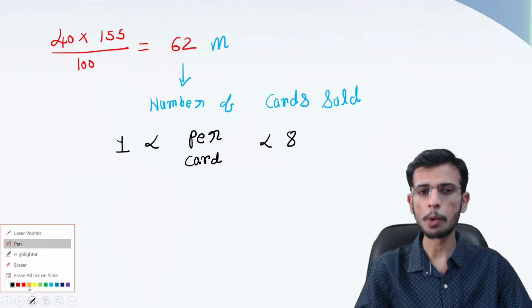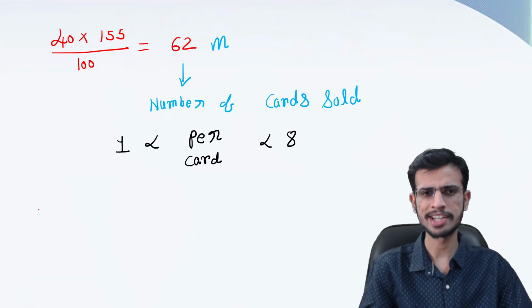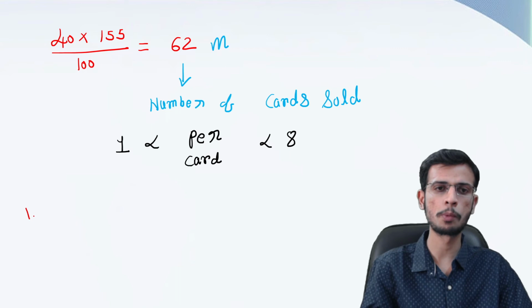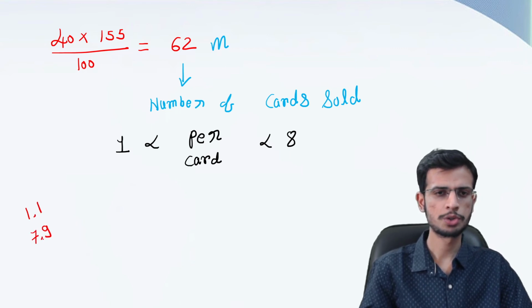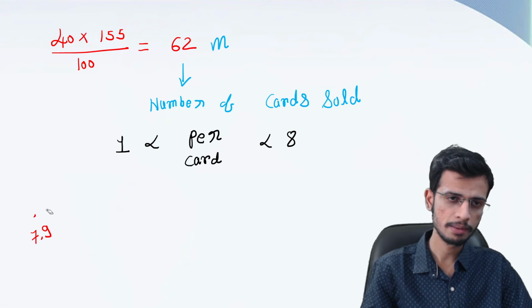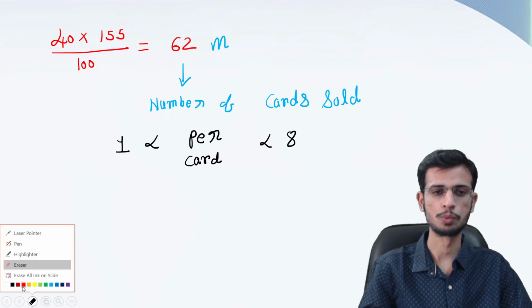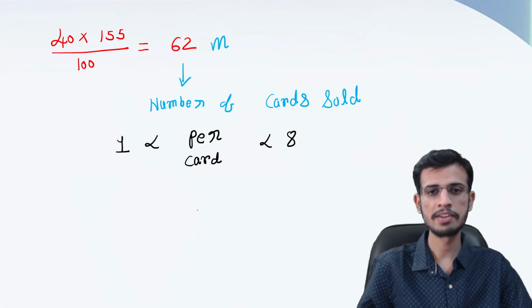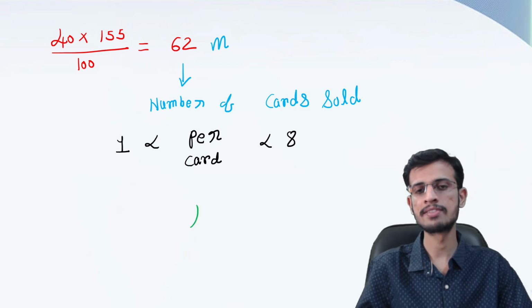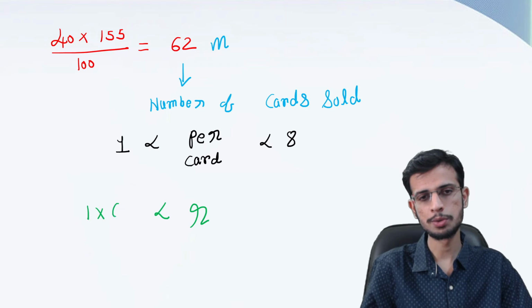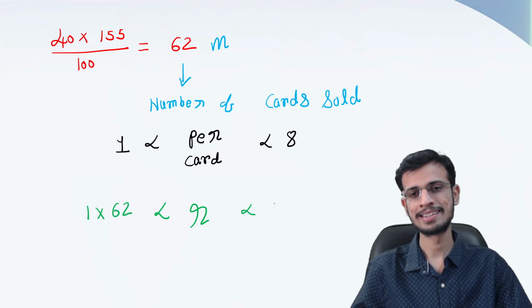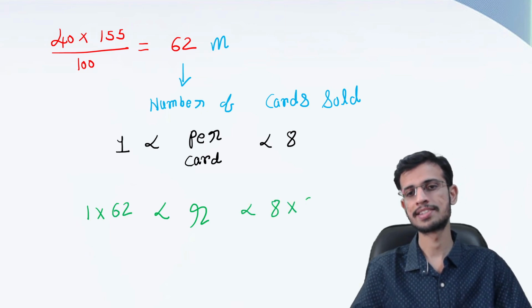Average price can be 1.1, average price can be 7.9, right? We can say. So if we multiply both the sides with 62, then we will get total revenue, that is defined as R. $1 into 62, this side $8 into 62.